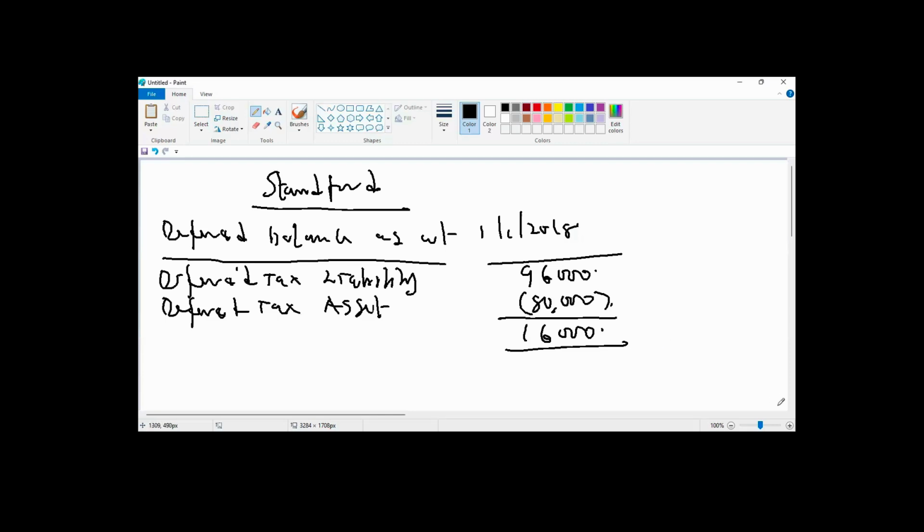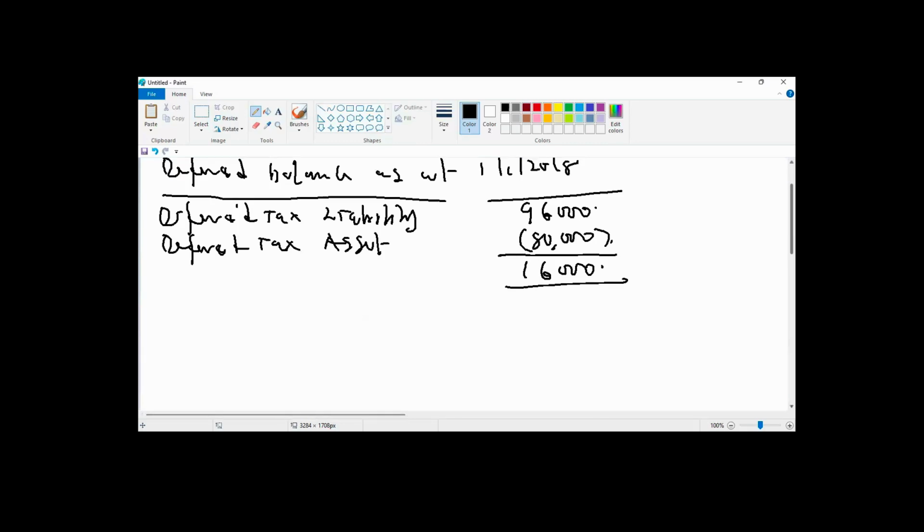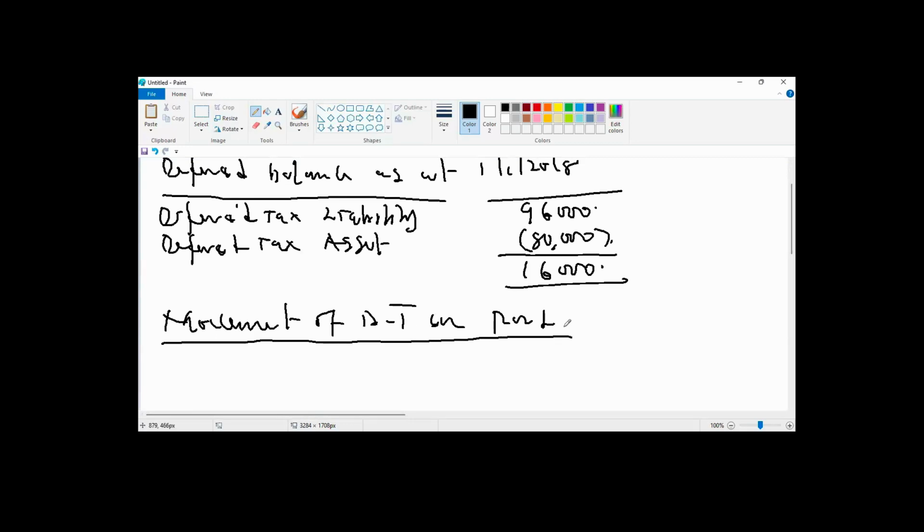You now say during the year, I will go to the movement of deferred tax in the P&L. You say you have deferred tax income that will be presented along with the current tax that's coming in.